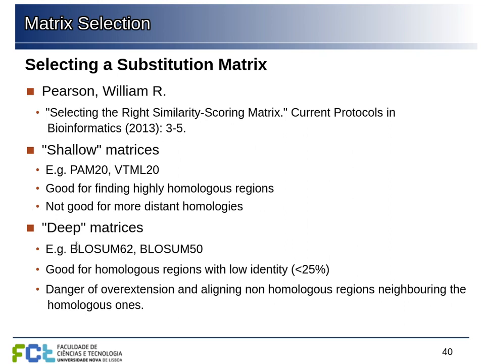Deep matrices like these, for example, BLOSUM62 or 50, are good when you're trying to align sequences with low identity or finding homologous regions in local alignment with low identity, but there is some danger that you start aligning things that really should not be well aligned, because now it starts to be too permissive and can overextend the regions of alignment.